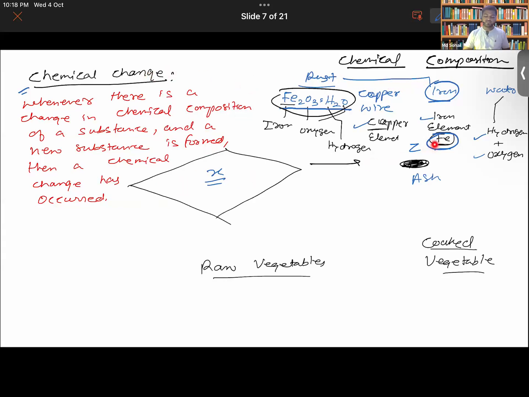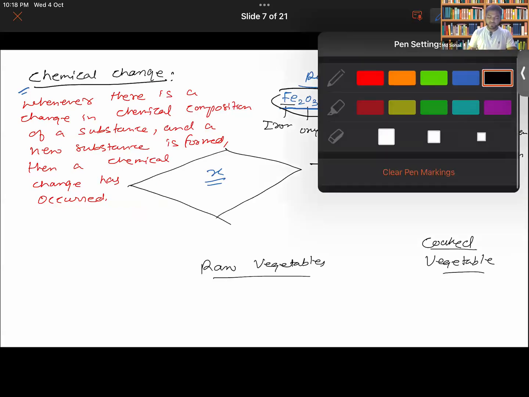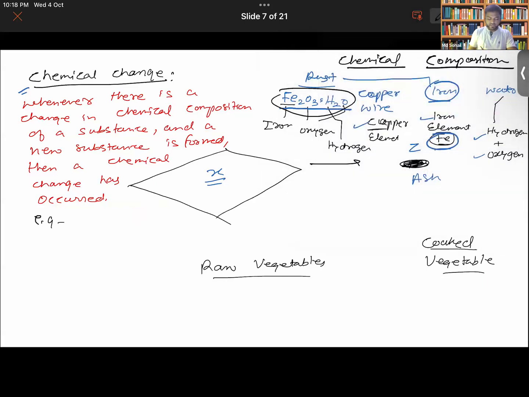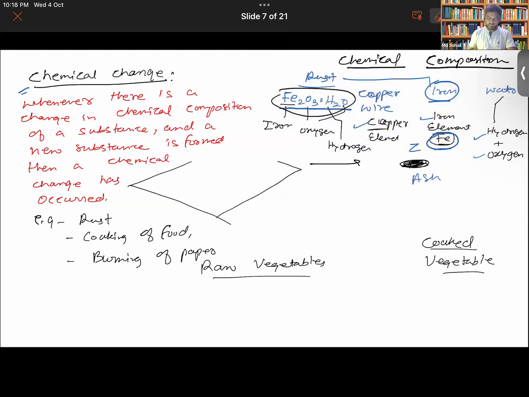As an example you can give the example of rust. आप rust का example include कर सकते हैं. Also include examples. मैं यहाँ पे लिख दे रहा हूँ. Examples are formation of rust, and cooking of food. Or you can also include burning of paper. Okay now. Write down this.